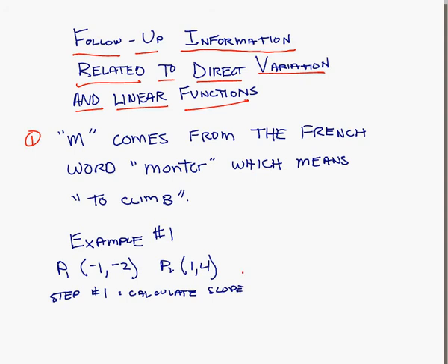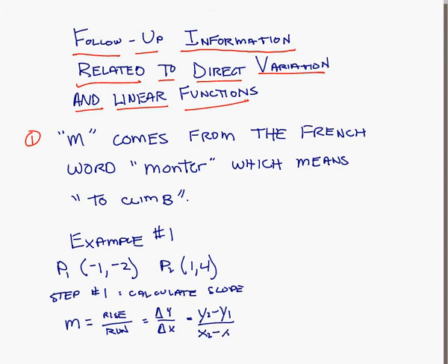And again, remember, slope, m, is equal to rise over run, which is equal to the change of y over the change of x, which is the same as y2 minus y1 over x2 minus x1.